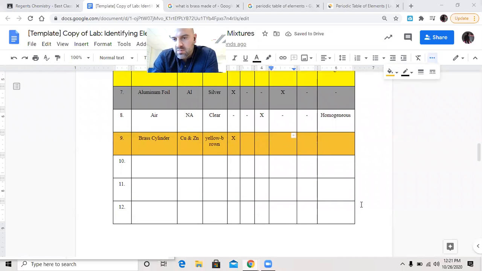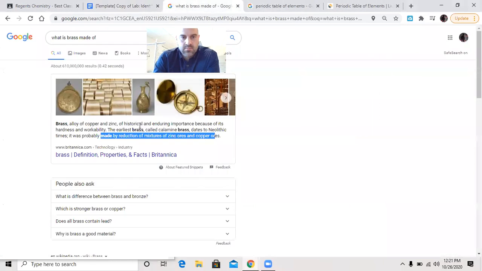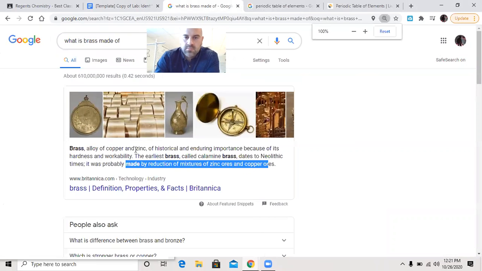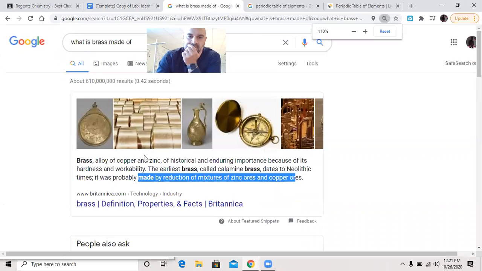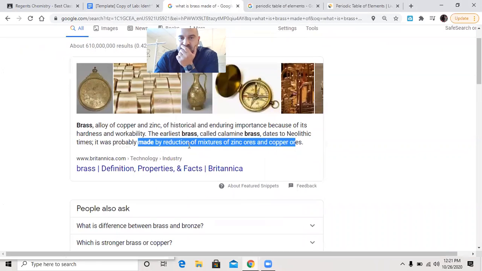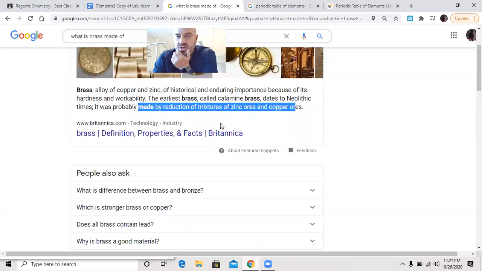Element, compound, homogeneous or heterogeneous mixture. The mixture. So that right there, it's going to be a mixture of two or more elements.